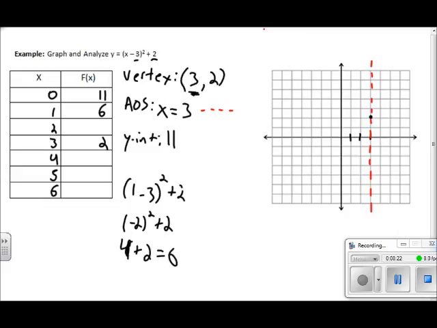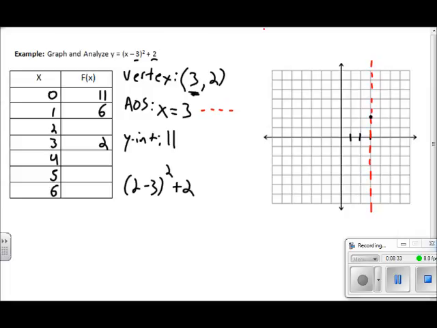I'm going to give us some more room to work. Let's do 2. So 2 minus 3 squared plus 2. Again, we're getting this directly from our function at the top. 2 minus 3 is negative 1, squared is 1, then plus 2, which gives us 3.